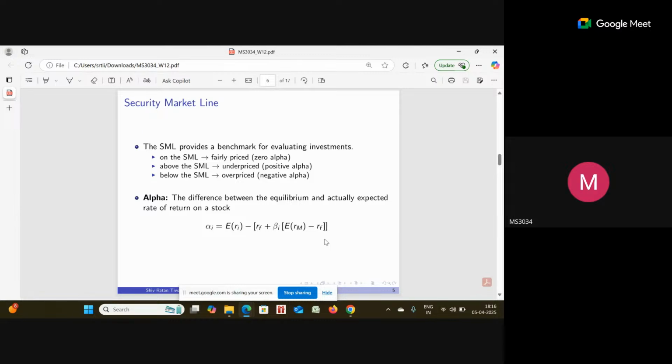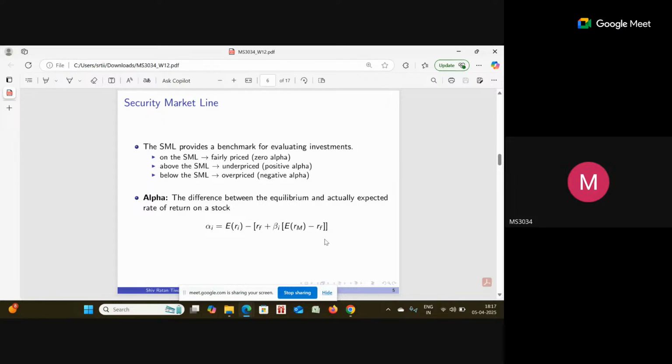Alpha is the difference between the equilibrium and the actually expected rate of return on the stock. In other words, what you are actually getting minus what the CAPM is predicting for that particular asset. That gives you the alpha. So again, in the form of alpha, if we want to evaluate a particular project, if a project has positive alpha, that means it is underpriced.